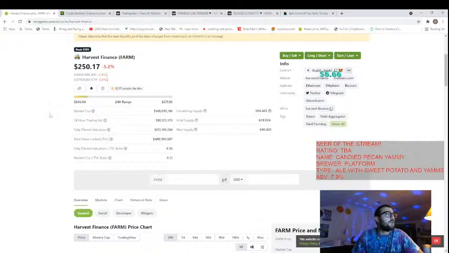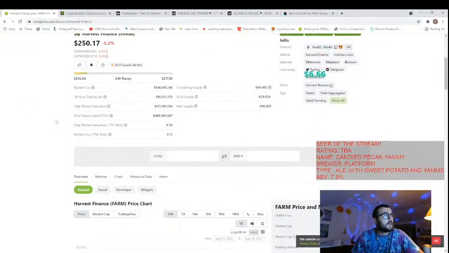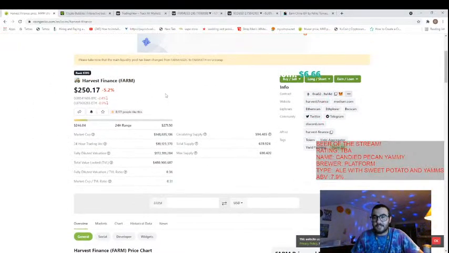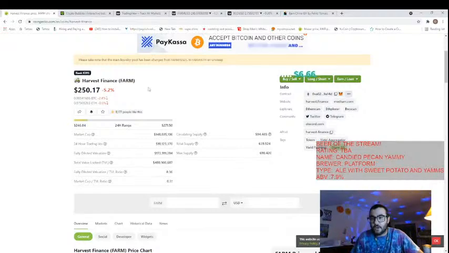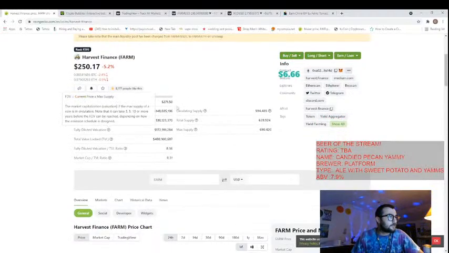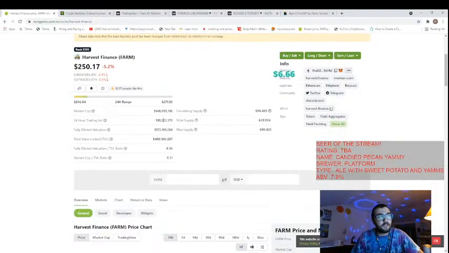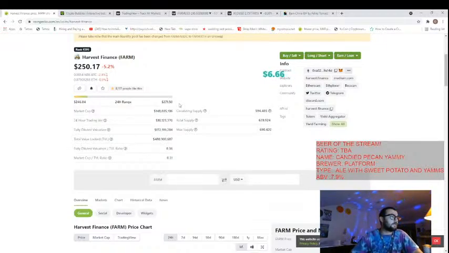Okay, so we're down a little bit here at $250.17 per share, and that's not even that big of a deal for this asset, right? What, it's down like $20 or $10. That's nothing for this asset, so that's good. 24-hour trading volume 18,123,370, as far as what CoinGecko is reporting.